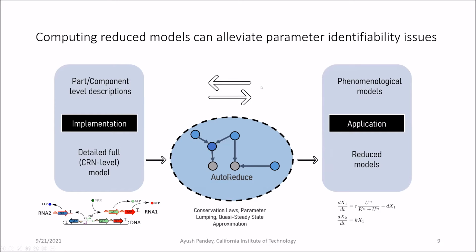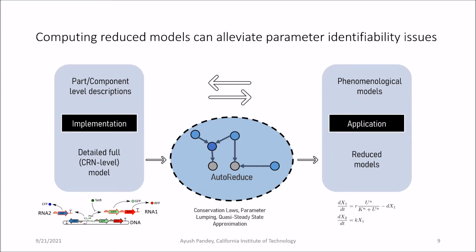So in that sense, model reduction is very commonly used for parameter inference. But what's commonly done in the literature is you have to derive these reduced models either by your experience or by hand for very simple ones.